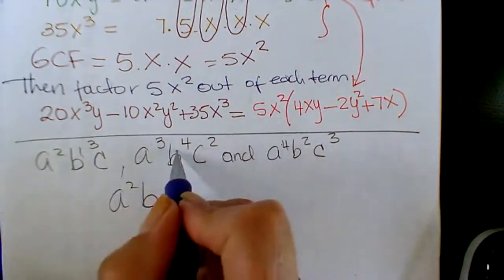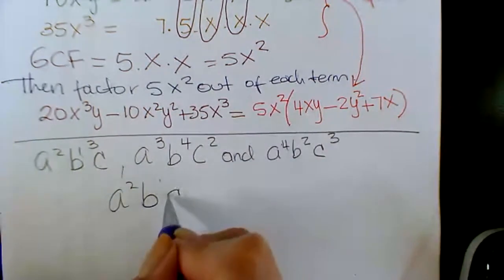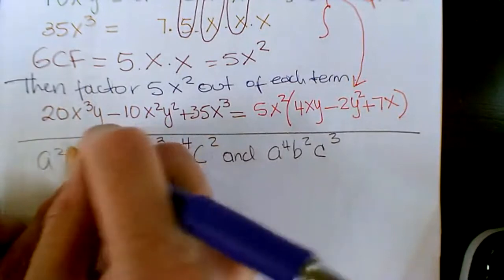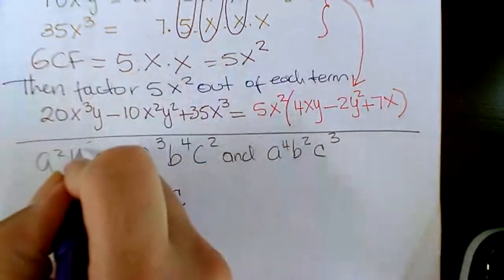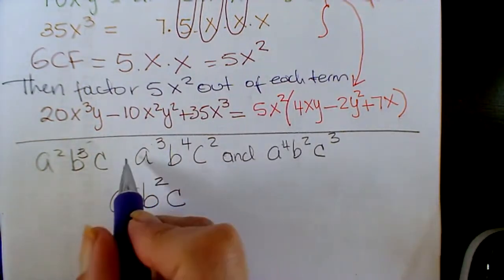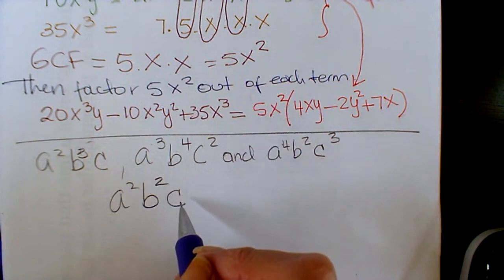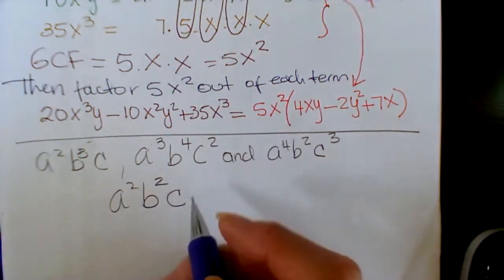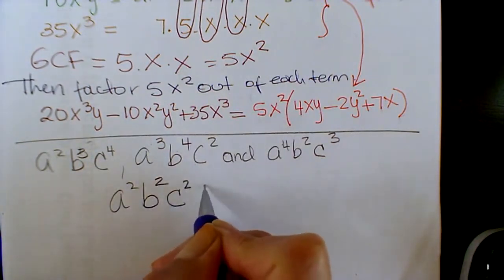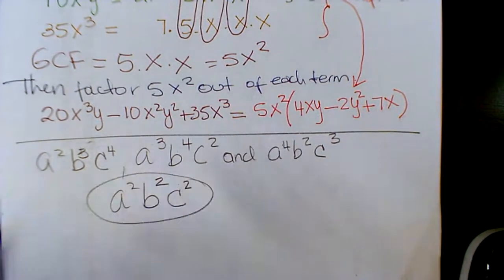For b, we have 3, 4, and 2, so it's going to be b to the second power. And for c, this is to the fourth, so c to the second power. When we have an exponent, the greatest common factor is going to be the term with the lowest exponent. Okay?